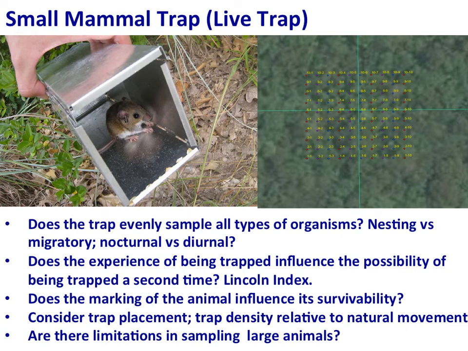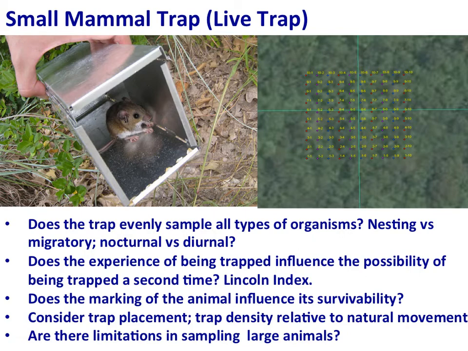The small mammal trap, or the live animal trap, is another sampling strategy for motile species. But let's evaluate. Does the trap evenly sample all types of organisms? Nesting versus migratory, nocturnal versus diurnal.